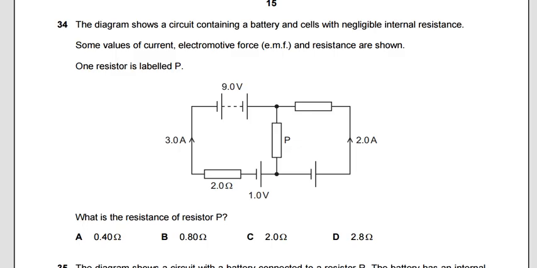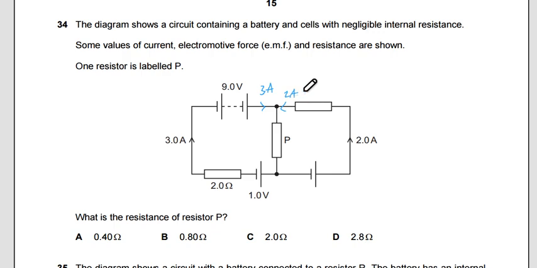Okay, if we look at this junction, we have 3 ampere current goes in, and we have also 2 ampere current goes in.